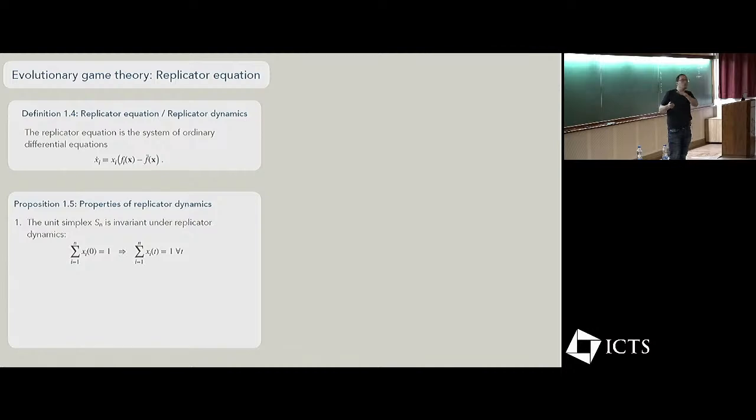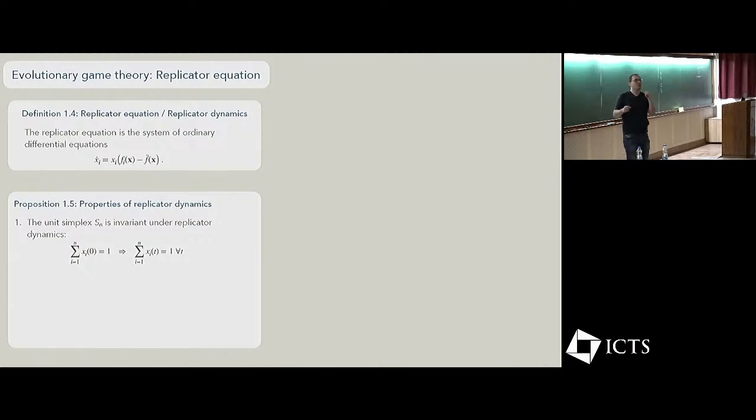Now, it's easy to write down these kinds of equations, but obviously they only make sense if they have certain properties. For example, the first property that you might want to have is this: you might interpret this differential equation as an equation on whole Rn, but this wouldn't make much sense because I just told you that the interpretation of these xi is a probability distribution, like the proportion of those players who play strategy 1 and the proportion of those players who play strategy 2, and so on.